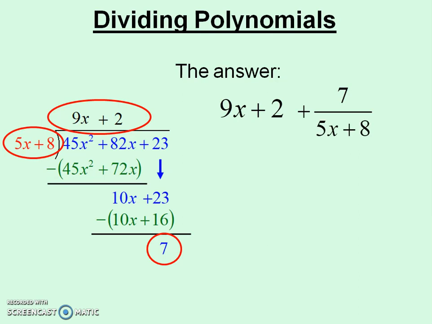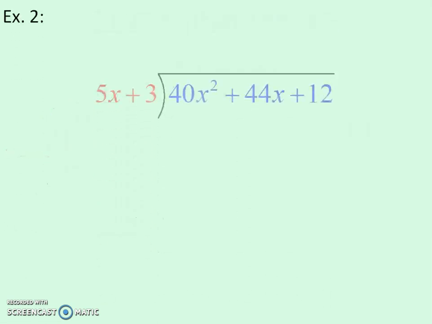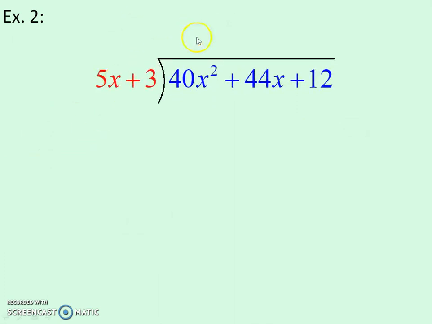We'll do one more example just to show you, and I'll do that one a little bit more quickly. So start off, you take the highest degree term and the highest degree term and divide them. 40x squared divided by 5x is 8x.